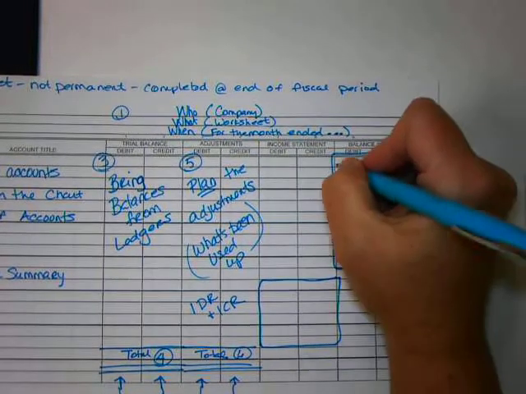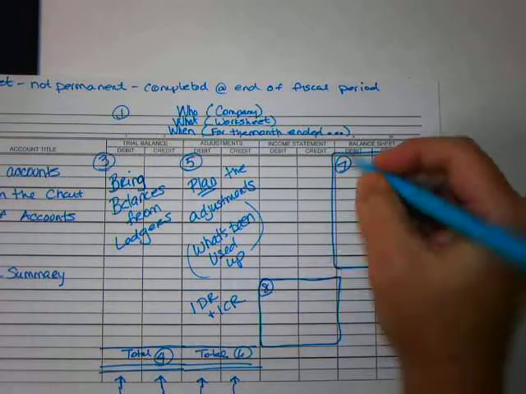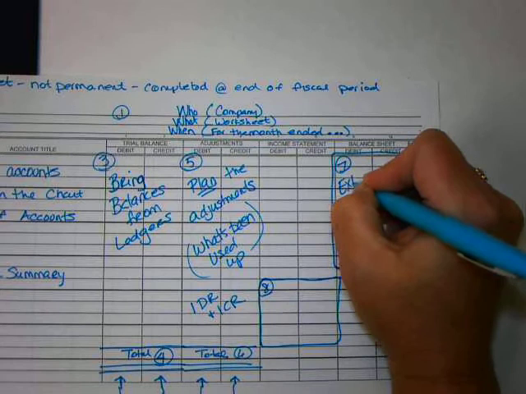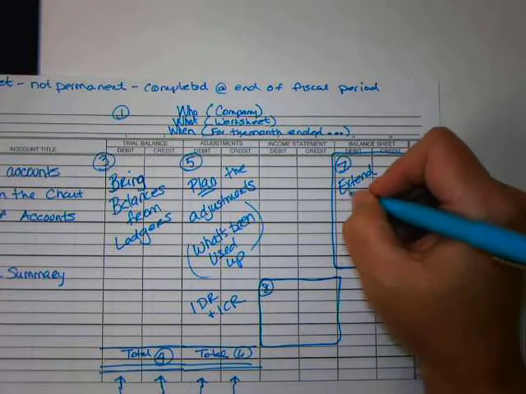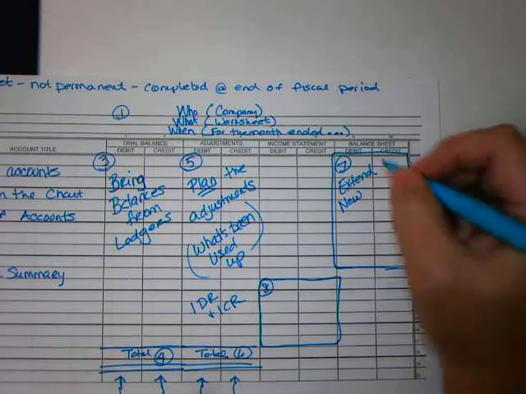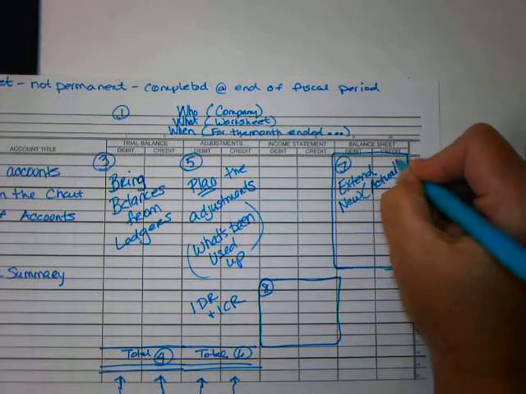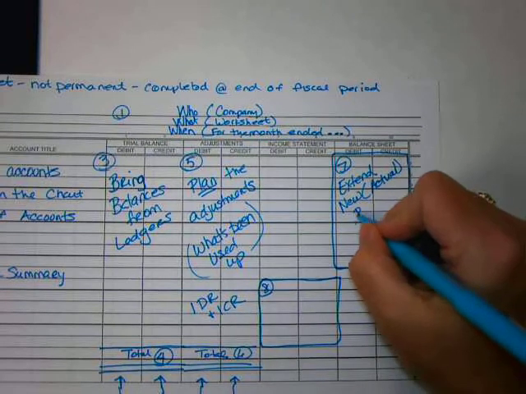Okay, and so this is step 7 and 8, what we call extend new, or actual, because this is what we've actually counted, balance.